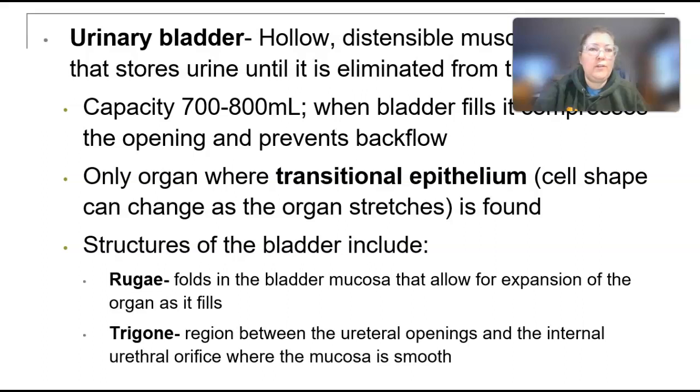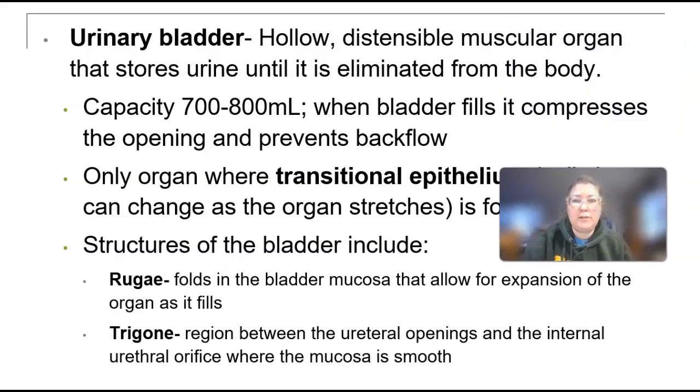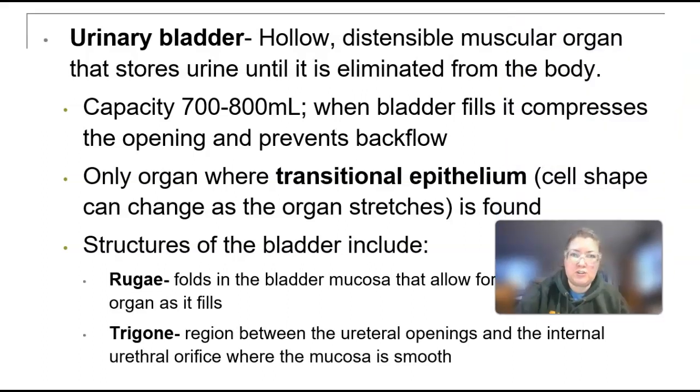In total, the bladder can hold 700 to 800 milliliters, but that would be extremely painful. Most people are probably going to feel the need to go to the bathroom when your bladder's about half full. If you got to that capacity, you'd probably either wet your pants or be suffering from some type of possible rupture of the bladder, which would of course be very, very painful.